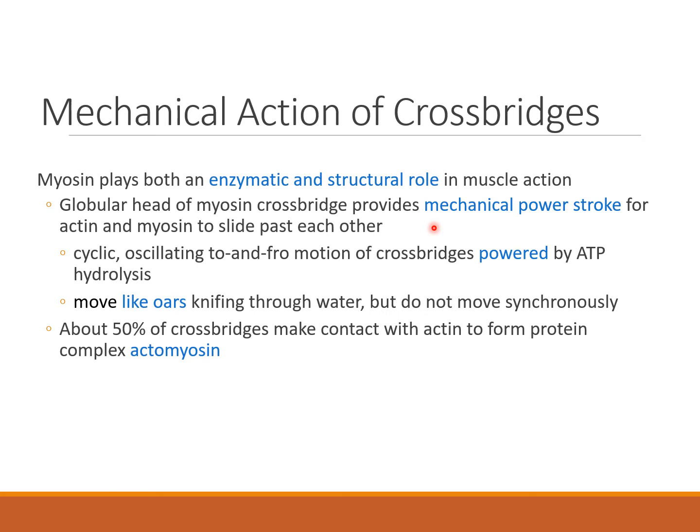As you put that oar into the water, it's allowing you to pull through the water, and that's what that action of the myosin is like. This will continue to happen, so it'll be cyclic and oscillating to and fro, which is powered by ATP hydrolysis. As the ATP breaks down, you continually have this oar-like action on the actin, which allows those Z lines to be pulled together and the muscle to shorten.